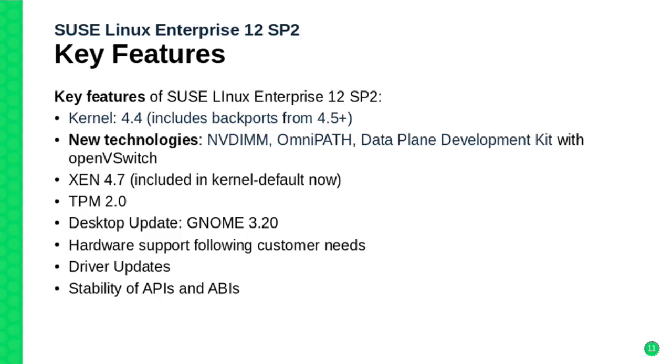Important, if you had installed the kernel-xen package, you will notice when you migrate to SP2 or do a new installation, it's gone. No longer available, but that doesn't mean that Xen is not available. Xen is now integrated into kernel-default, which had some advantages on the performance and technological side.